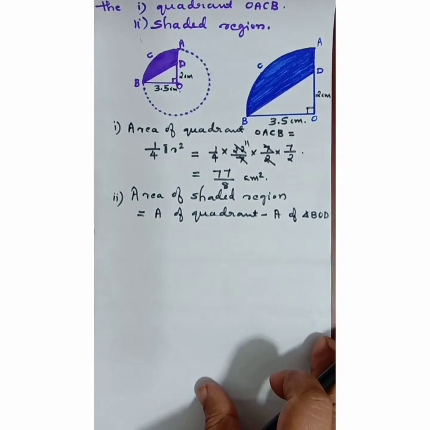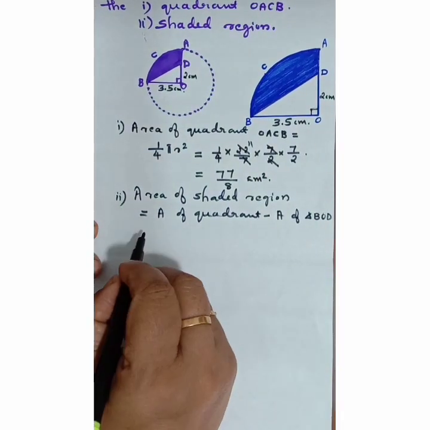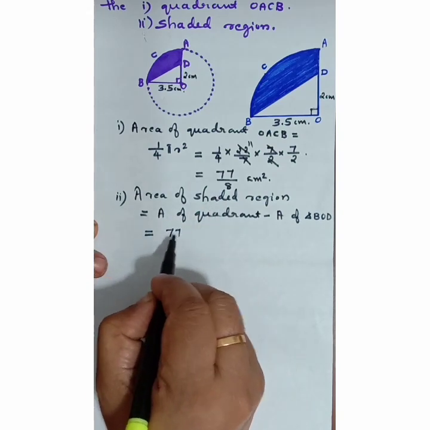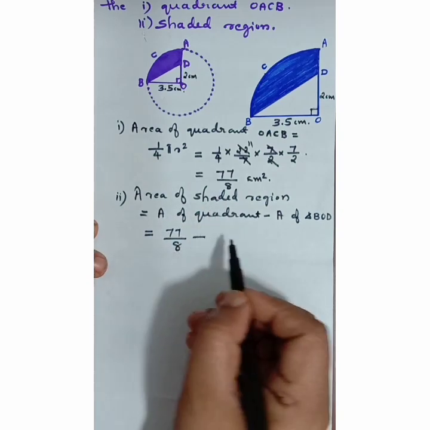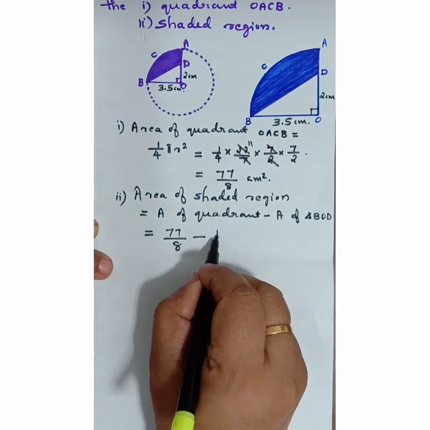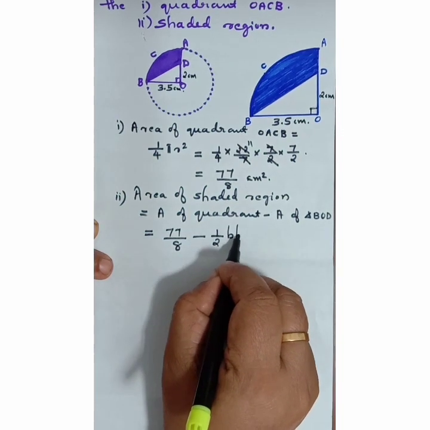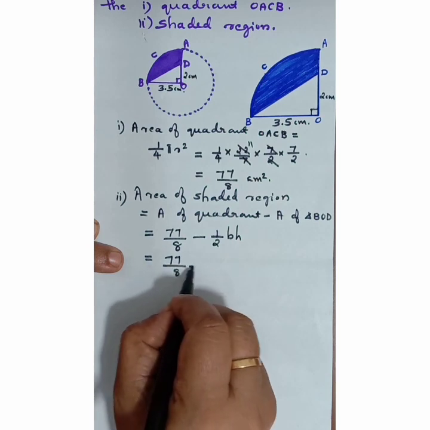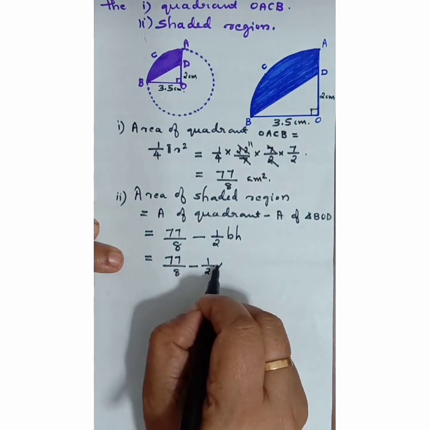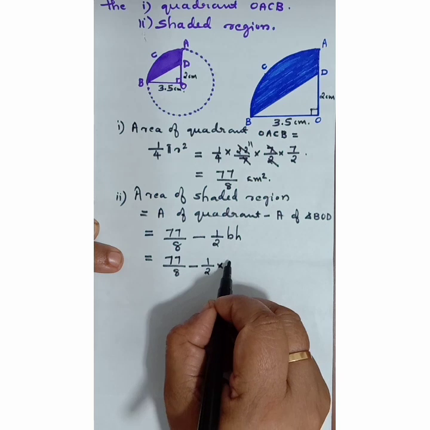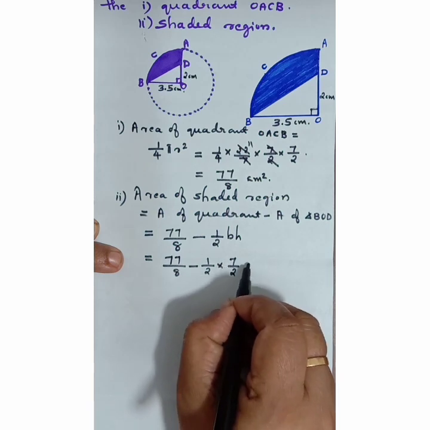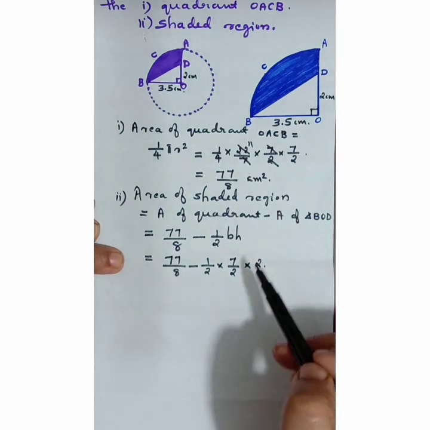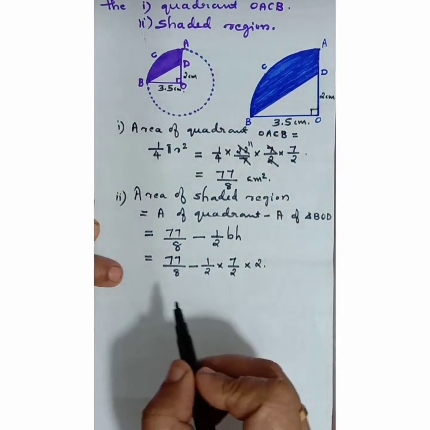Here you will get the answer by substitution. Area of the quadrant we have already found out, 77 by 8 cm square, minus area of triangle BOD by the half b h formula. Substitution again, 77 by 8 minus half into base 3.5, which is 7 by 2, into height 2. If you want to write it as 3.5, there is no problem, you can do that.